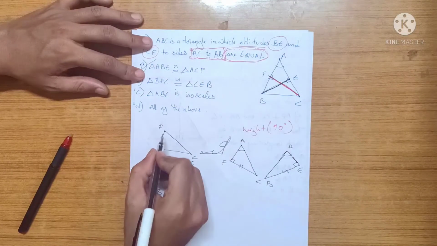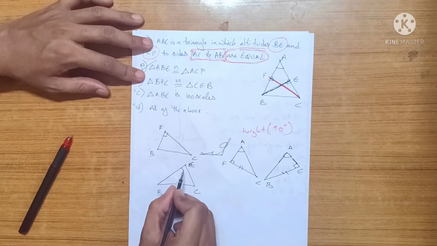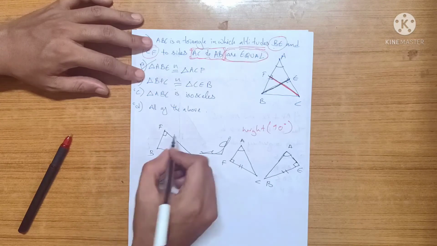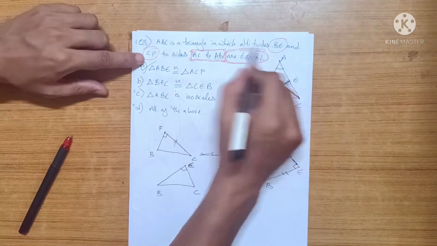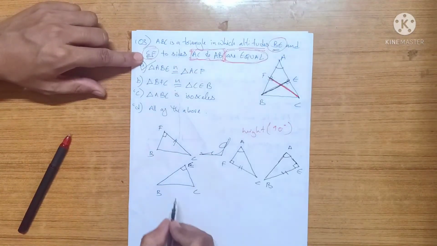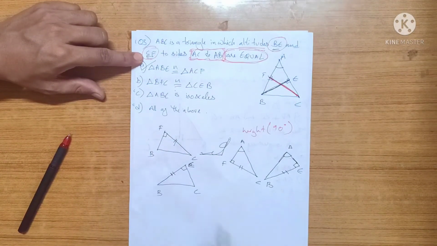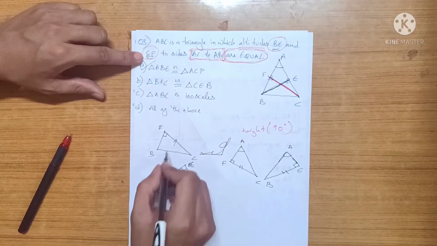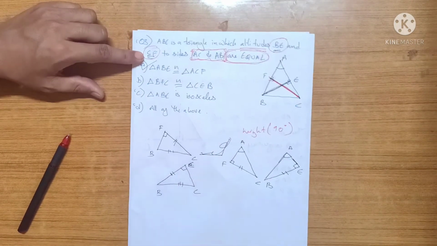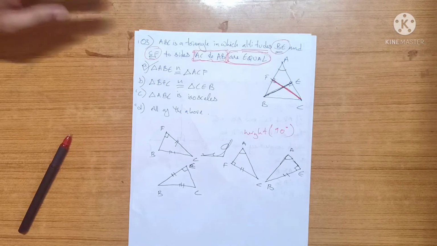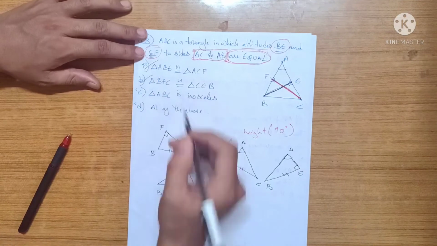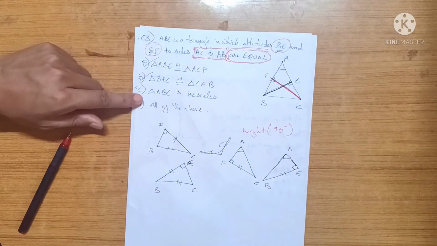So we have this is 90, this is 90. What else is there? CF and BE are equal. And then we have one more, which is BC. That is a common side. So we can say that these two triangles are also congruent. Now what about the third one?